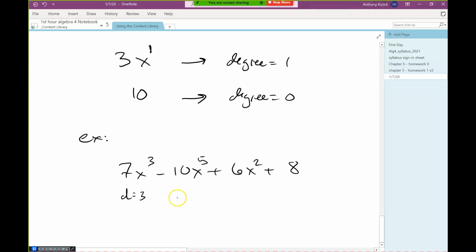So the degree for the first monomial is 3, 5, 2, and then 0. So for the polynomial, the degree is then 5. Just the biggest degree of the monomials. So not the sum of the monomial degrees, we're just taking the biggest degree from the monomials.